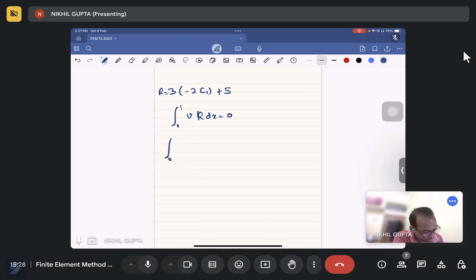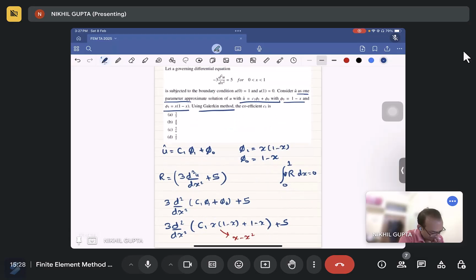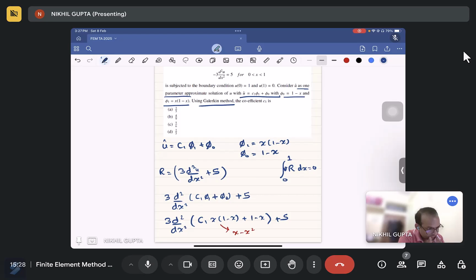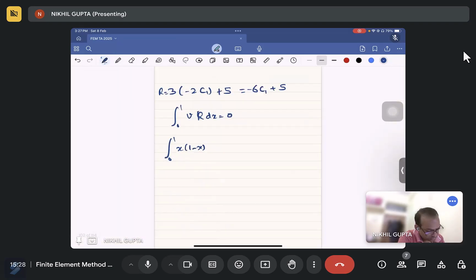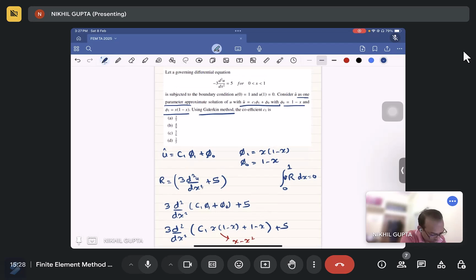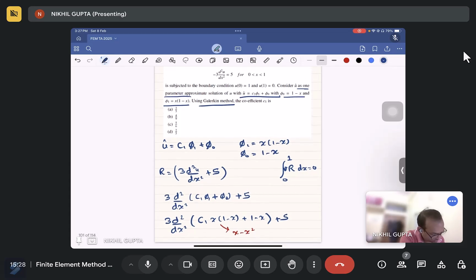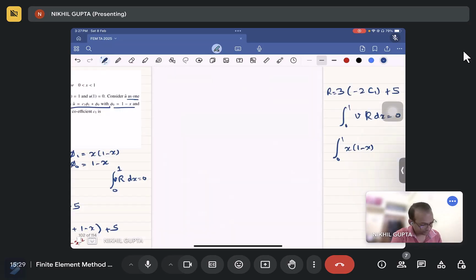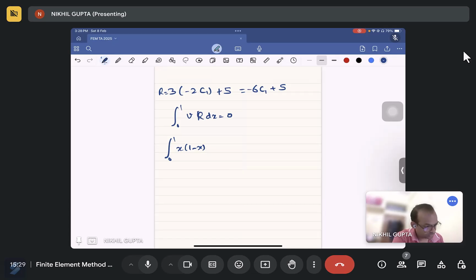V will be x(1 minus x), and R is minus 6 C1 plus 5.